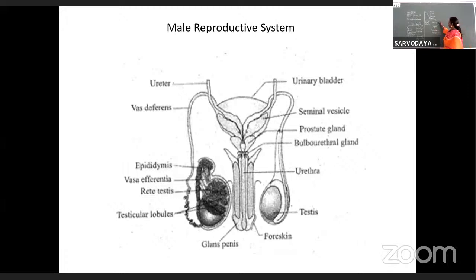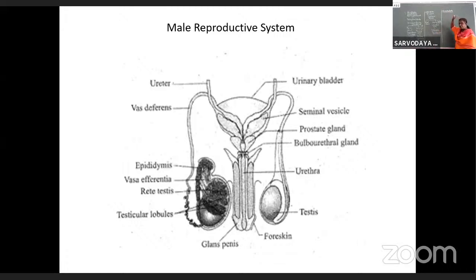So this is also an important 1 mark question. So that's about the first part of the male reproductive system, the pair of testes. Now followed by that, what is the second part of the male reproductive system? We are going to talk about accessory ducts.